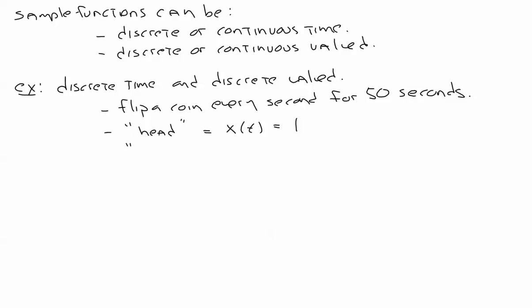If I get tails, outcomes are just words, heads or tails, I'm going to set my sample function value to -1. All right? And we will assume that my sample functions only have value at the instant the coin was flipped. We're not going to assume that I flip a coin and the value is retained until I flip it again.